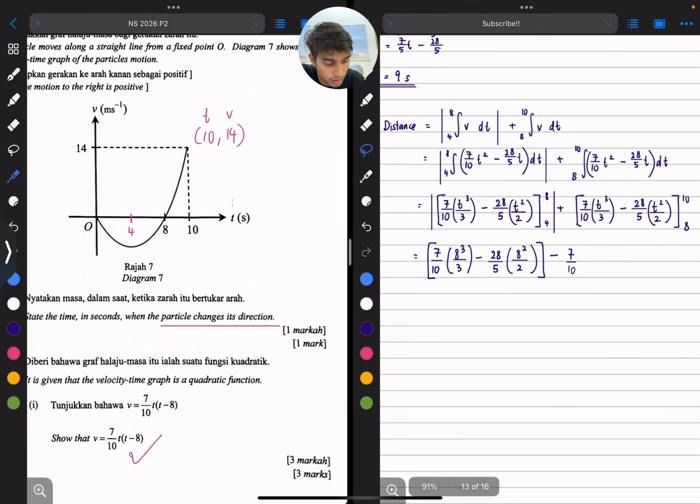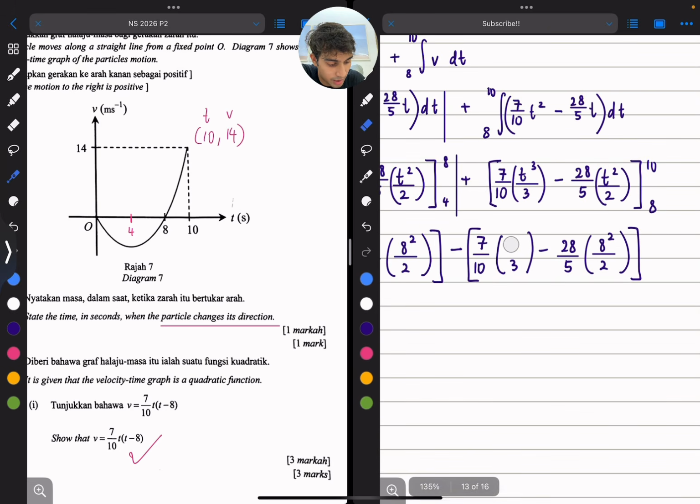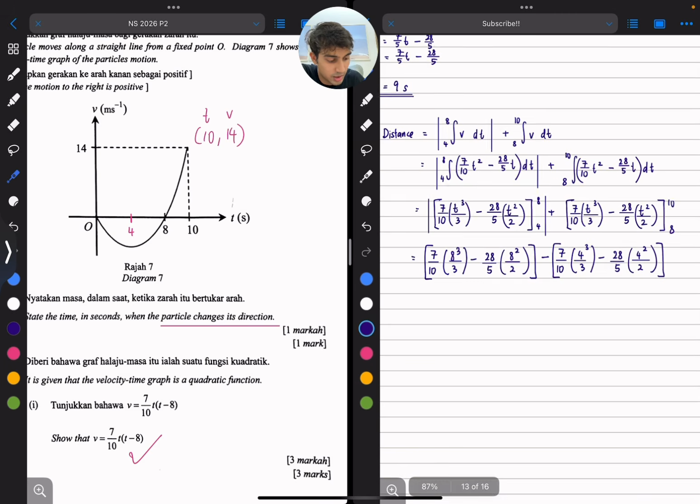Actually, you know what? I'm just going to copy it again. So this one, okay. I just have to sub the 8 with 4. Okay, this is the first part. Then we have to modulus this, don't forget.